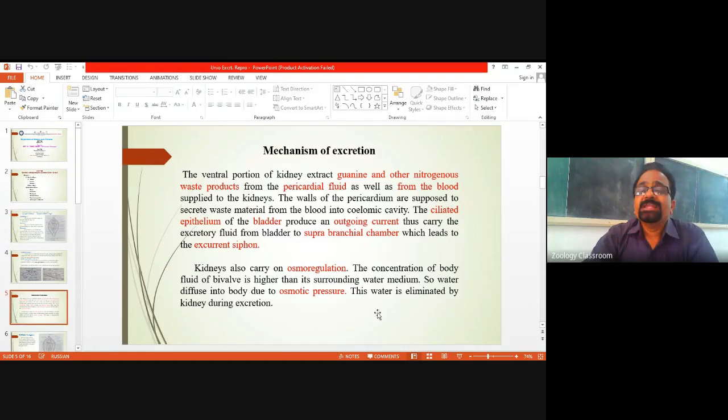Such elimination of water is done by the kidney during excretion. So maintenance of water and salt balance is osmoregulation. Kidney plays an important role in removal of nitrogenous waste products, and it also maintains the osmotic balance by osmoregulation.